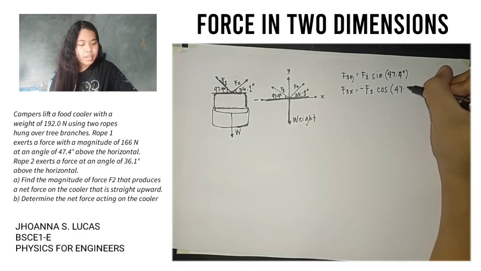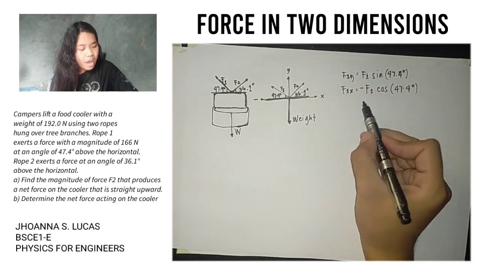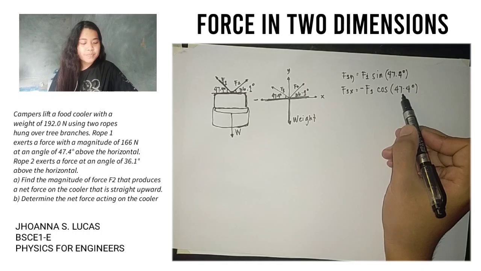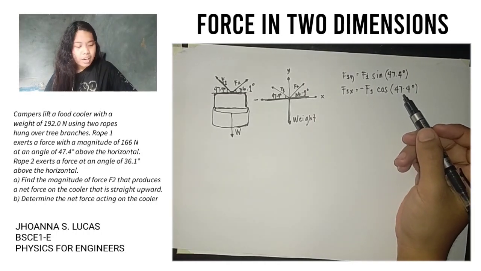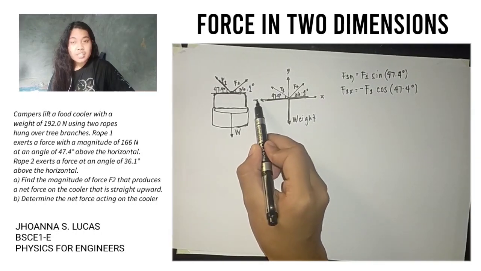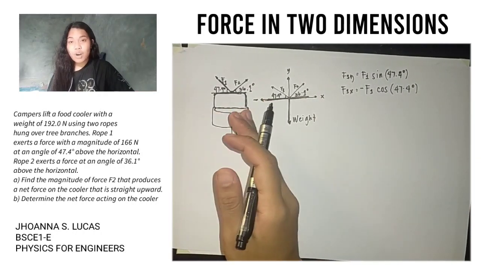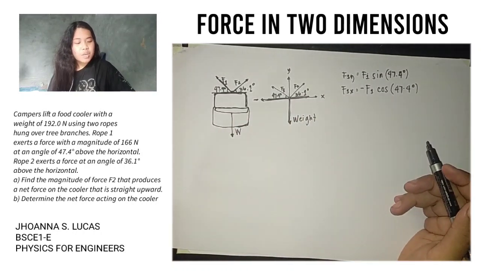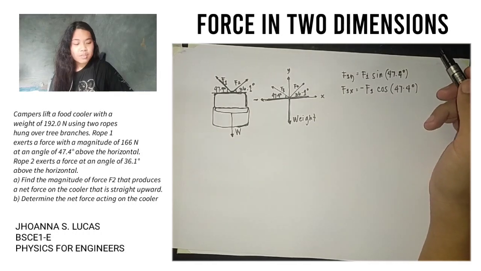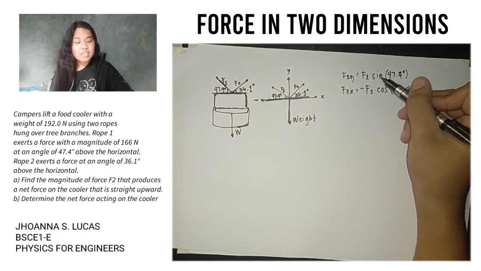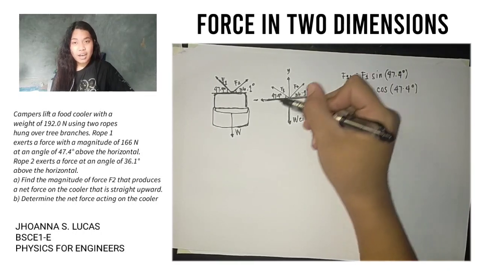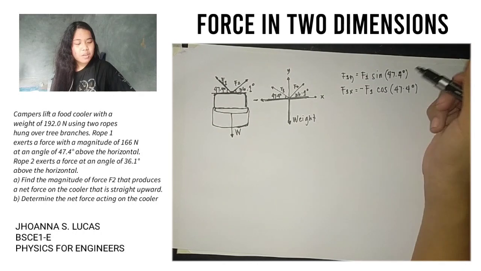So our F sub 1x is equal to negative F sub 1 times cosine of 47.4 degrees. Like I said earlier, the F sub 1x will be negative since it is on the left side of our x-axis. And our F sub 1y is positive since it is upward on our y-axis.